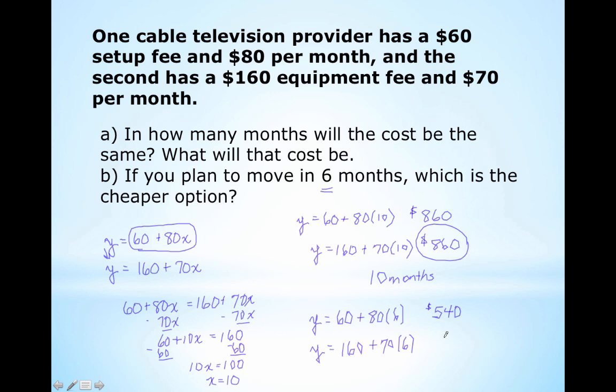So that total fee will be $580. So obviously it is cheaper to use Company 1 if I'm going to be living there for just 6 months, but if I'm going to use my cable for 10 months, then the cost would be absolutely the same no matter which company I picked.